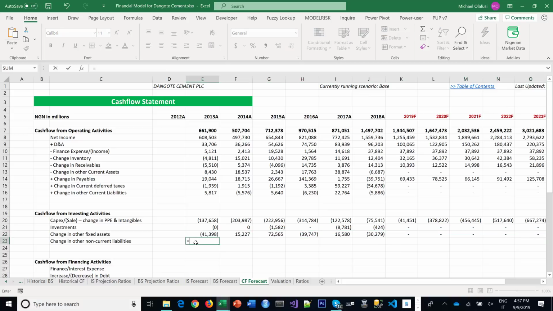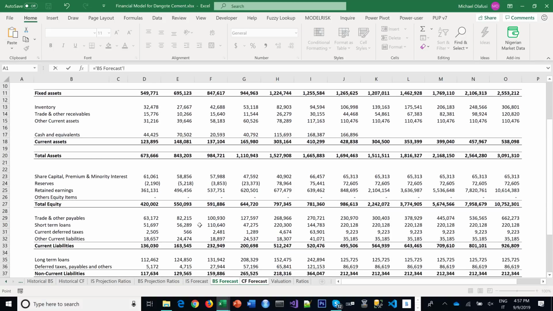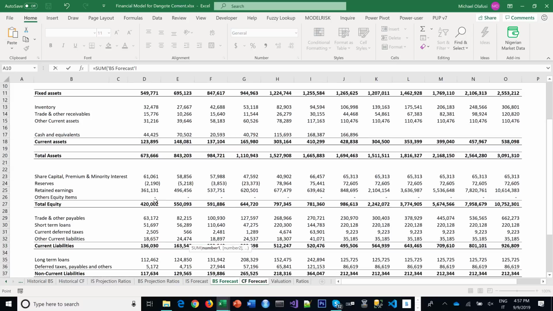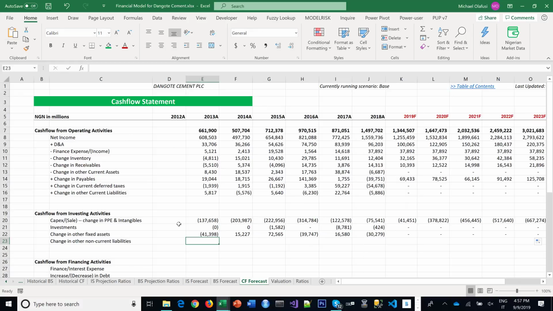Other non-current liabilities. So I think there are two of them. So it's better I just do sum straight up. Sum of these two, which is current deferred. No. This is the one that should have been sum, huh?